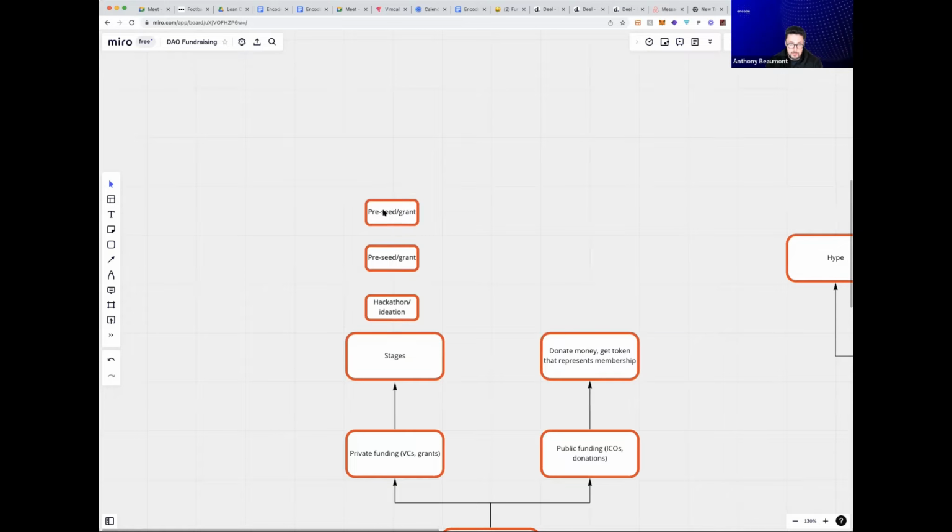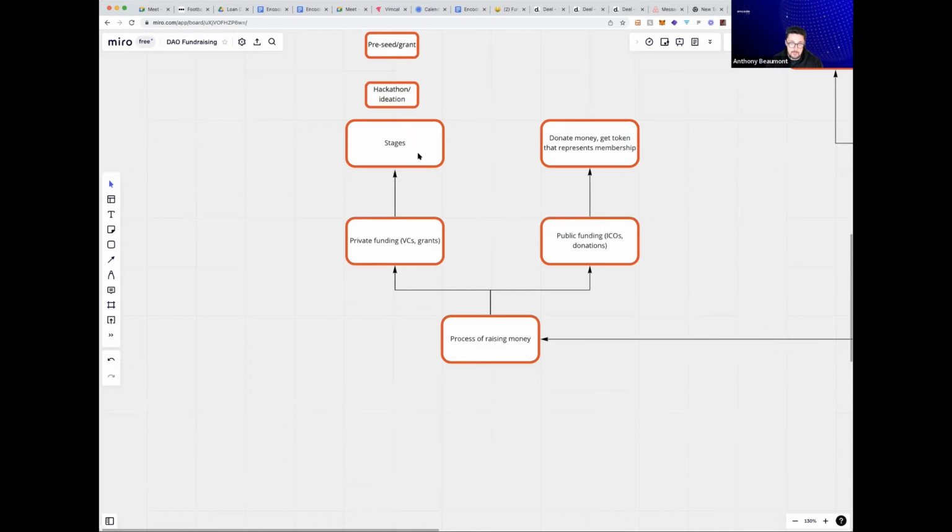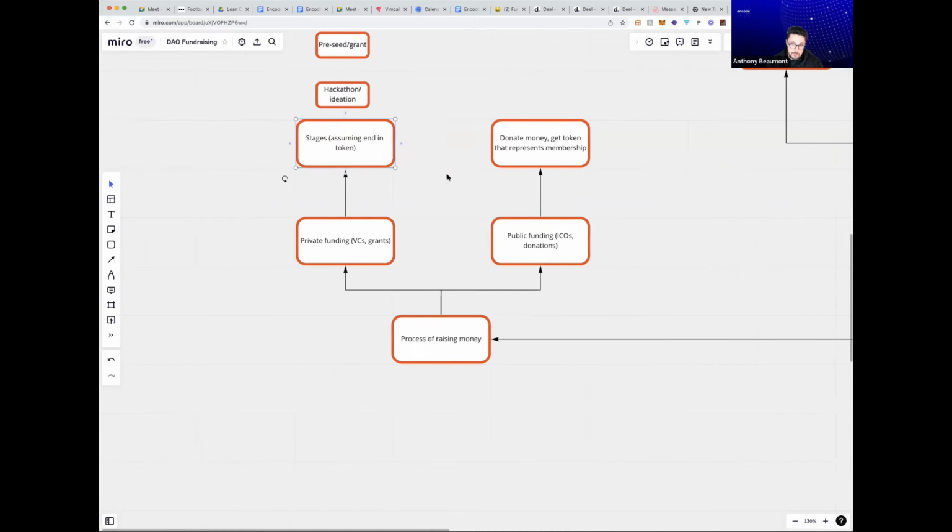Then pre-seed / grant, seed, Series A, and then I would suggest a public sale, which can be Series B. Now, the assumption here is that we end in a token. So we're actually going to go back to our token stuff here.